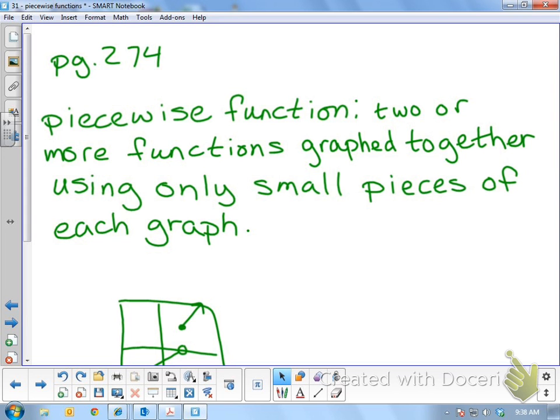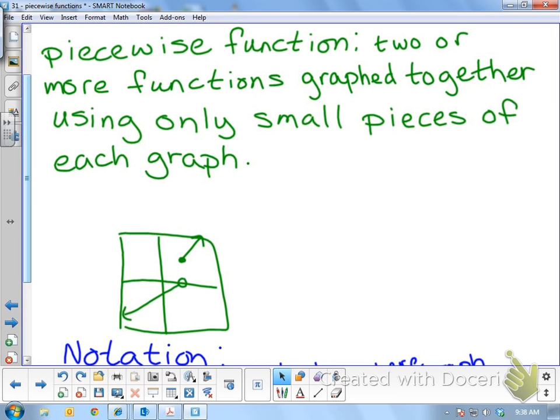In your book, in that key concept box, it already has this picture, but I just wanted to talk about the picture. This is an example of a piecewise function, on page 274. We could have drawn these as entire lines.